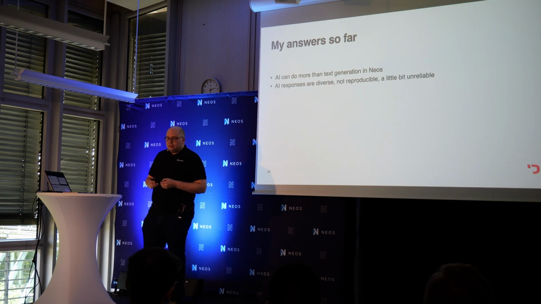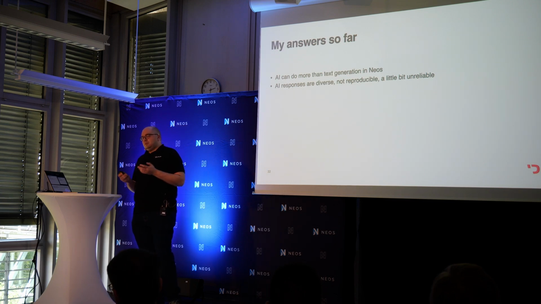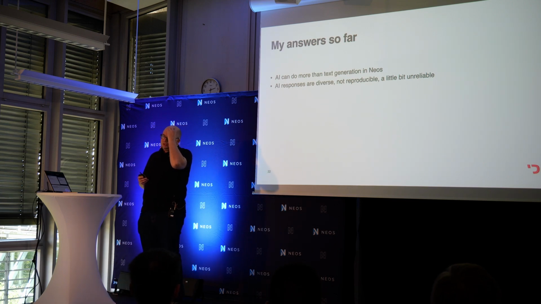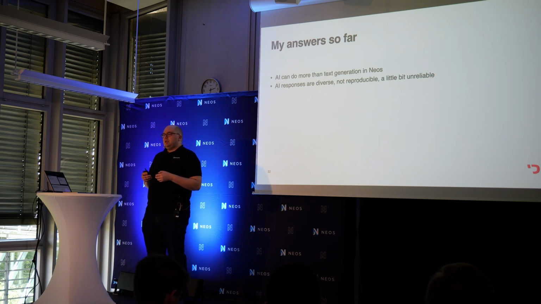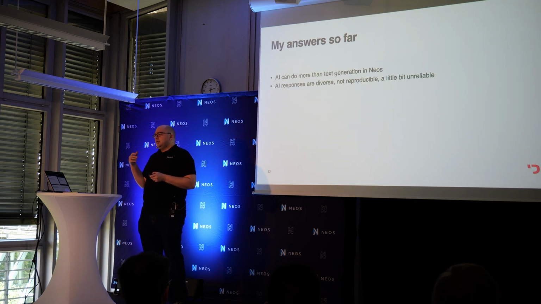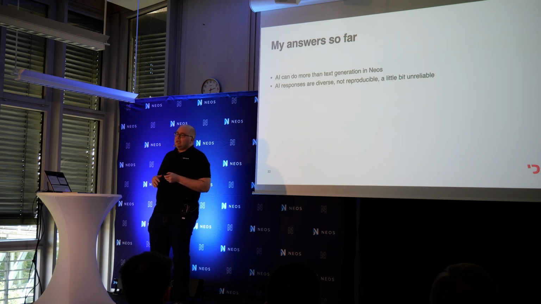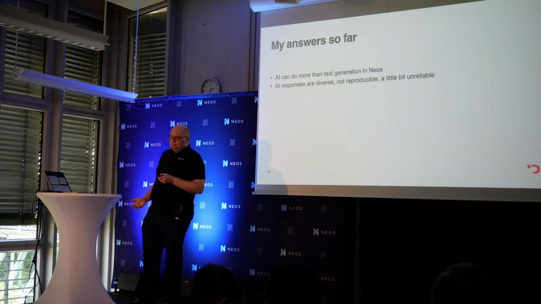I also learned that AI responses are relatively diverse, but I think most users of ChatGPT know this, and therefore these responses aren't really reproducible. And from a developer standpoint, therefore also probably not as reliable as you are expecting from a typical REST API.